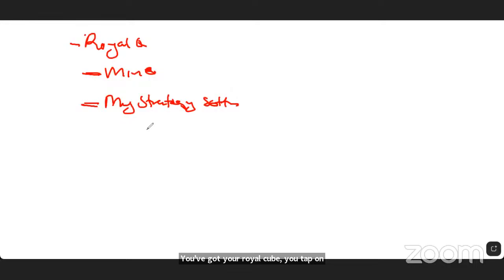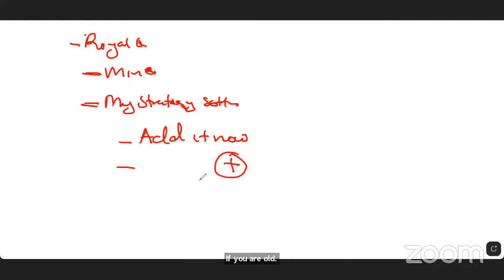If you are new, you'll see the word add it now. If you are old, you'll see a plus sign in your top right corner. Are we together?